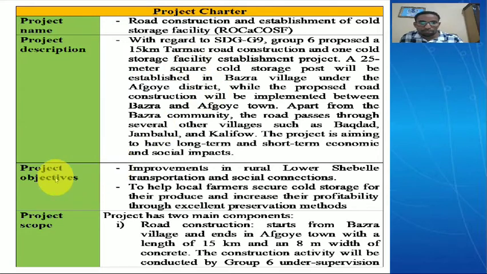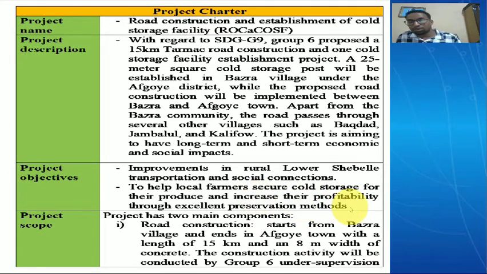Our project objective is the improvement of rural transportation and social connection, and to help local farmers secure cold storage for their produce and increase their profitability through excellent preservation methods.